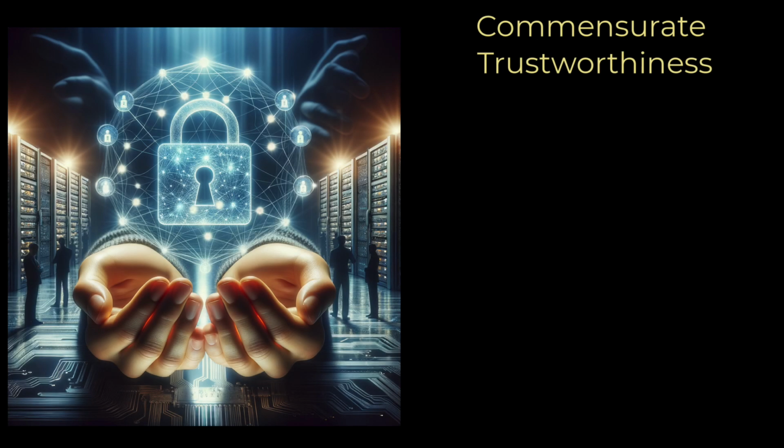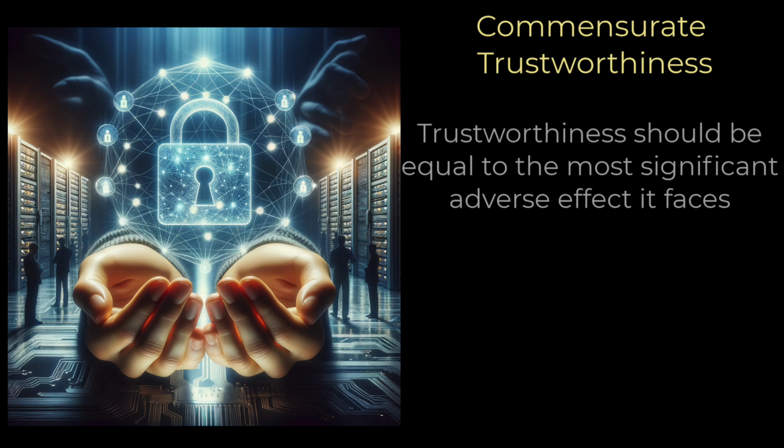The commensurate trustworthiness principle posits that a component's level of trustworthiness should be commensurate with the most significant adverse effects it could have. This is akin to saying that if an element is in a position where its failure can cause considerable damage, that component itself must be designed to a higher standard of trustworthiness, with greater robustness, assurance, and so on. You assign trust in a system component only up to what it has earned.